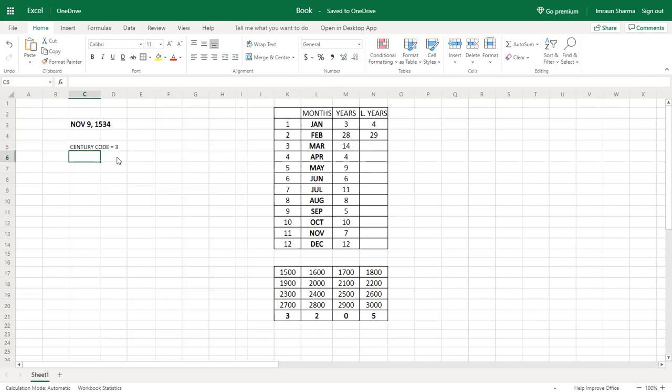Now, the next thing we have to find out is the quotient of the last 2 numbers divided by 12. So over here, the last 2 numbers are 34.